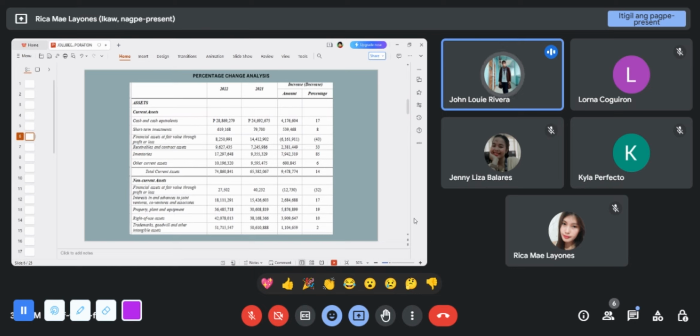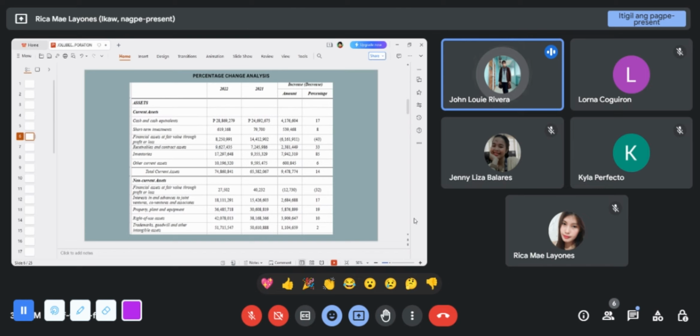So in percentage of change analysis, you need to get the amount and the percentage of the current year, 2022. First, to get the amount, you need to subtract the current year, 2022, from the previous year, which is 2021, and the difference is the amount. For the percentage, you divide the amount by the previous year, and multiply the quotient by 100 to get the percentage.